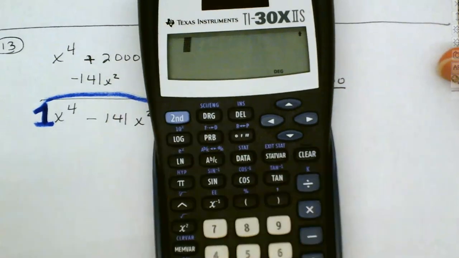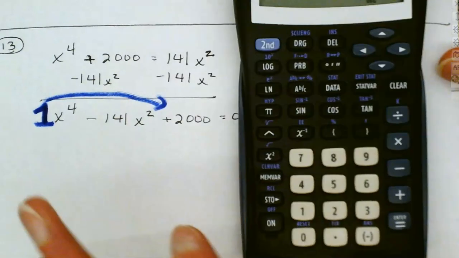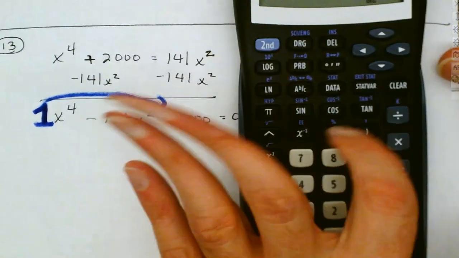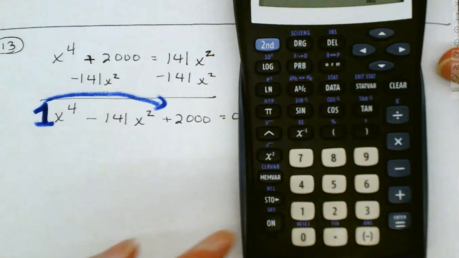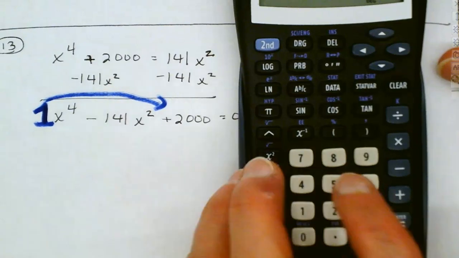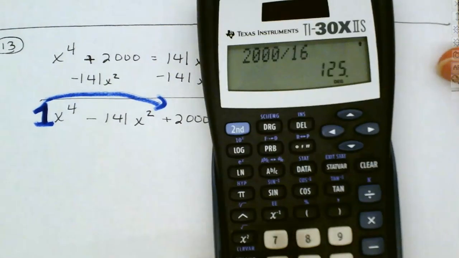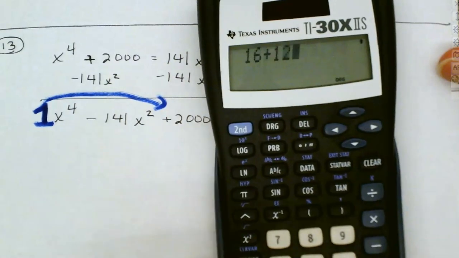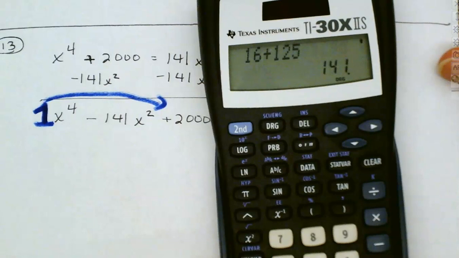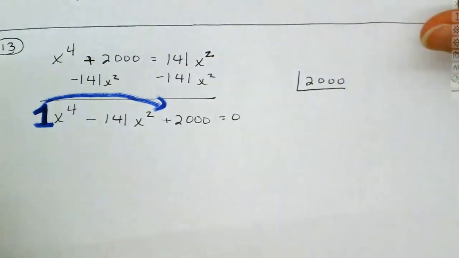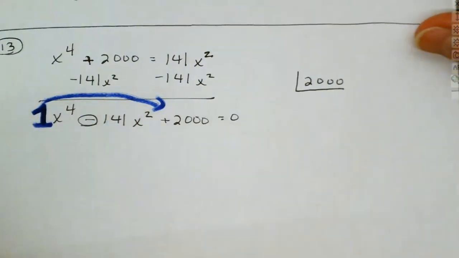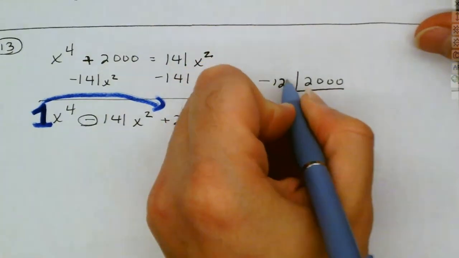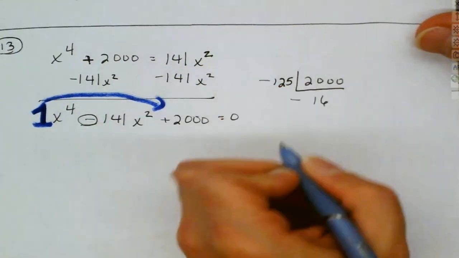Okay, let's see, we've got the 2,000. How about we try a 16? Does 16 work? It's close to it. 16 and 125. That works, doesn't it? Okay, so what are my two numbers? Both the same sign, negative. So we need a minus 125 and a minus 16.